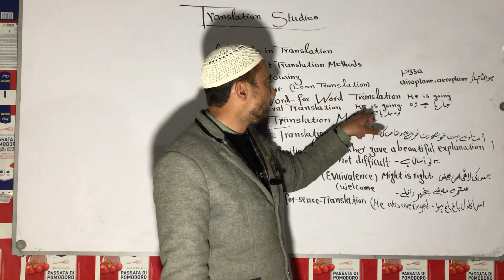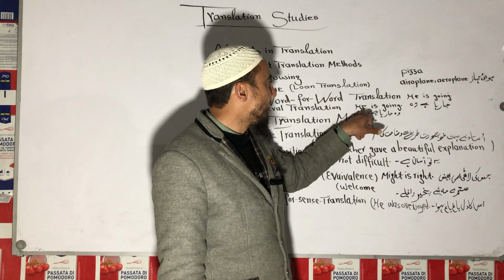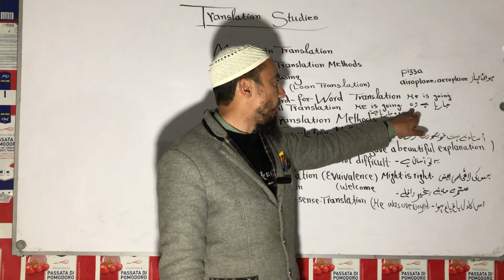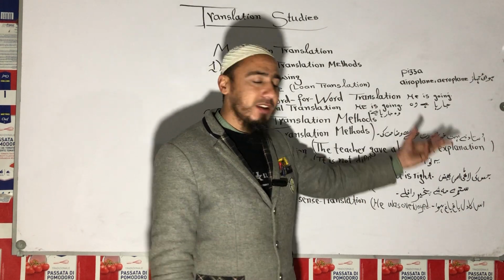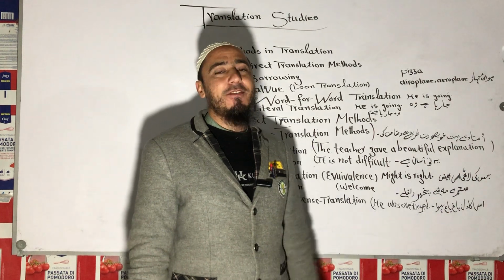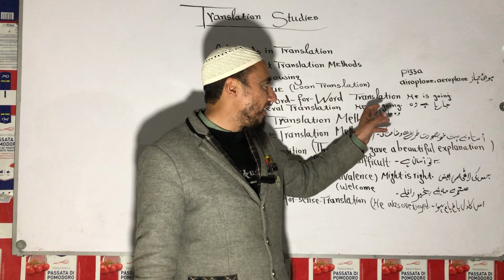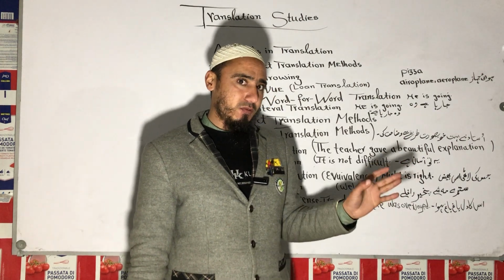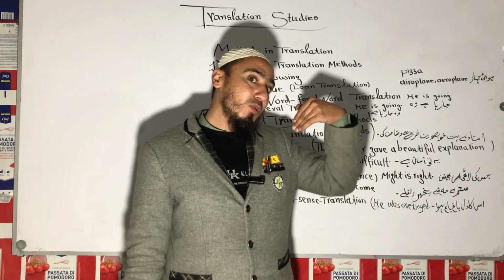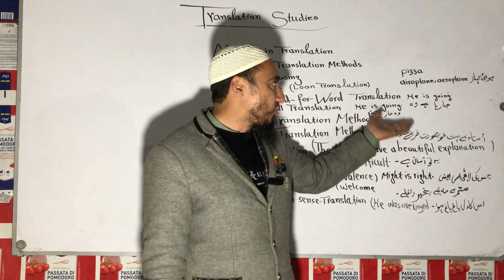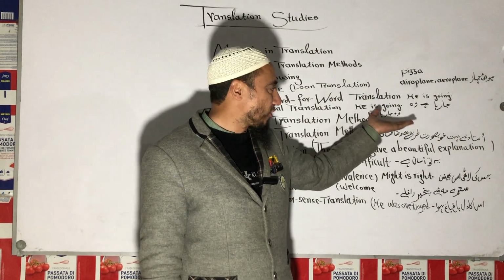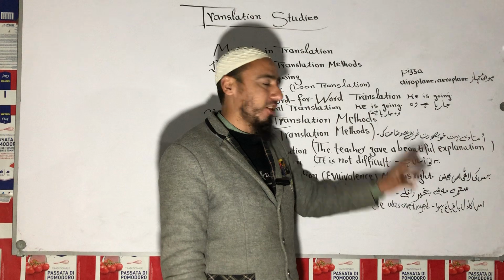Like I have written a sentence: he. For he, that is woh in Urdu, is hai, going, jana or ja raha hai, for example. So this is word for word translation. The same structure in English, the same structure would be in Urdu. Yes, the words are changed, but the structure is completely of the English language structure.